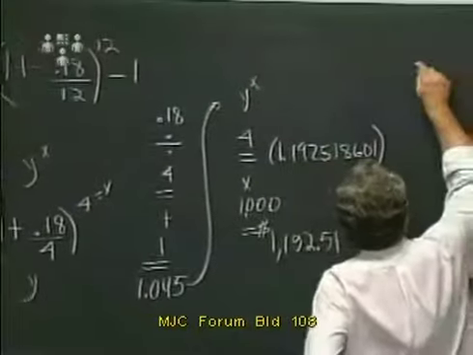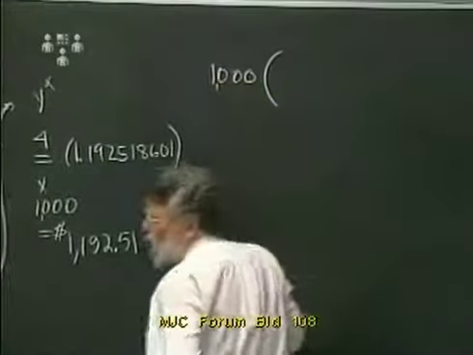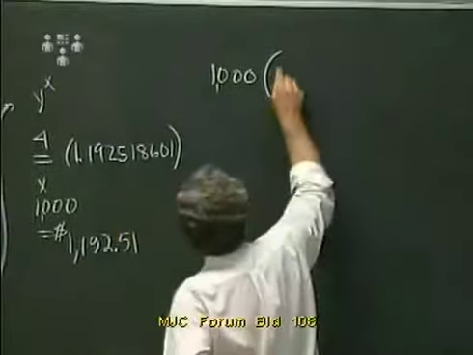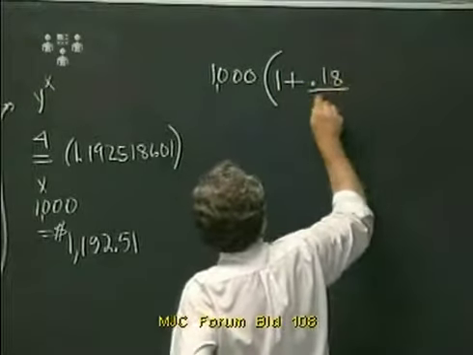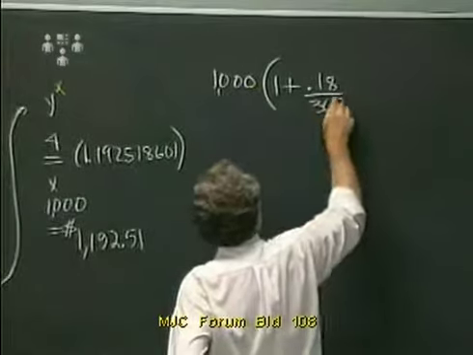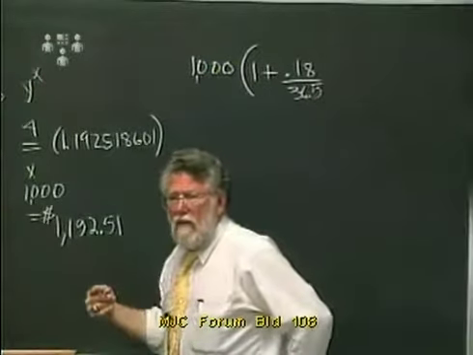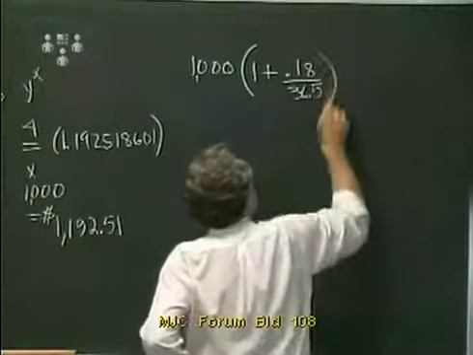So here's what I'm going to have as I come over here. We're going to take the $1,000, just like we did for compound interest for a money market, but we're going to take it at 1 plus 0.18 over 365 because I'm compounding daily. And for the year, I'd be doing it what? 365 times.